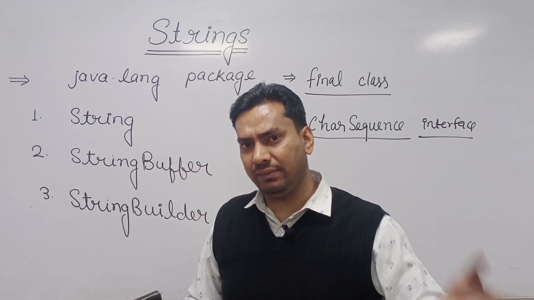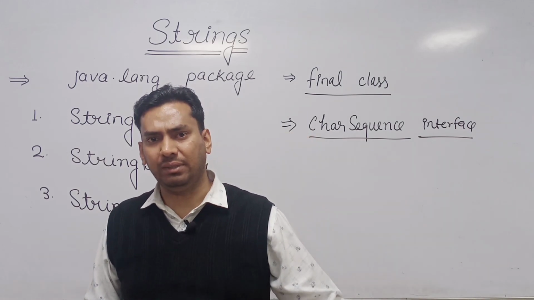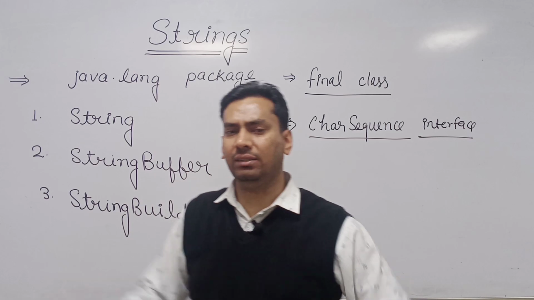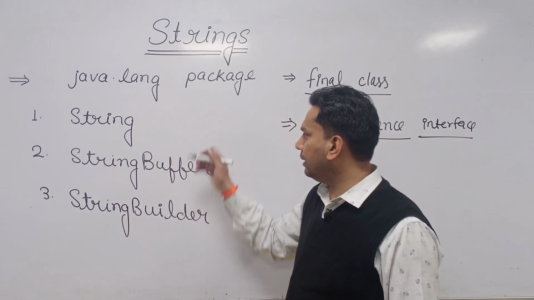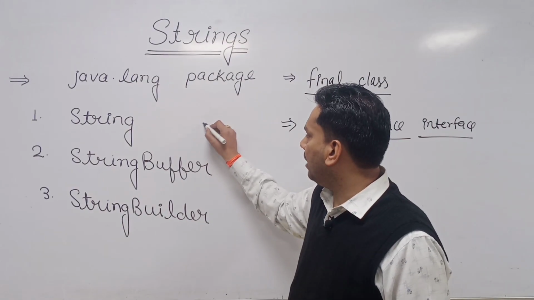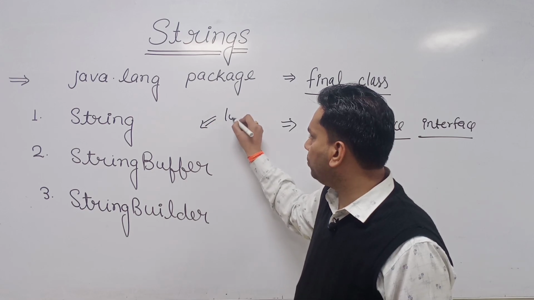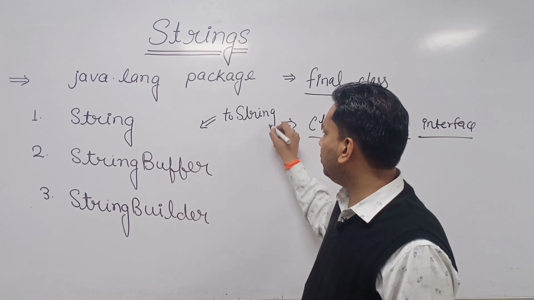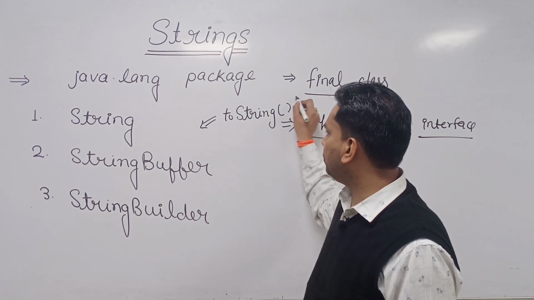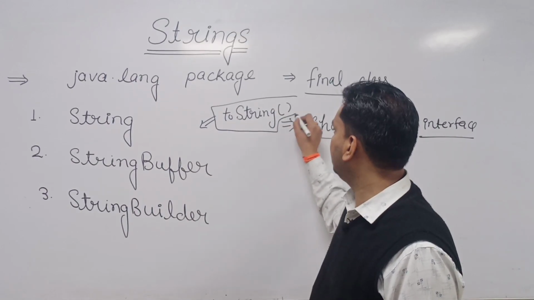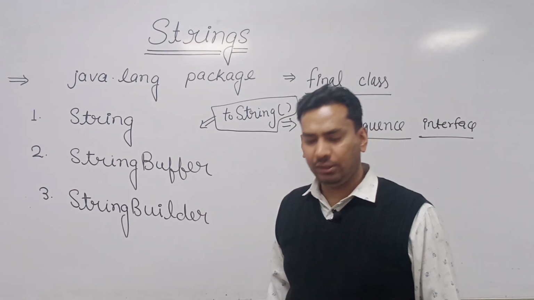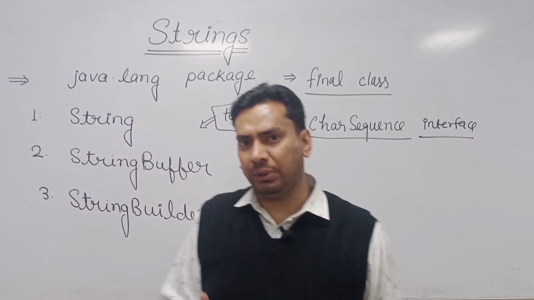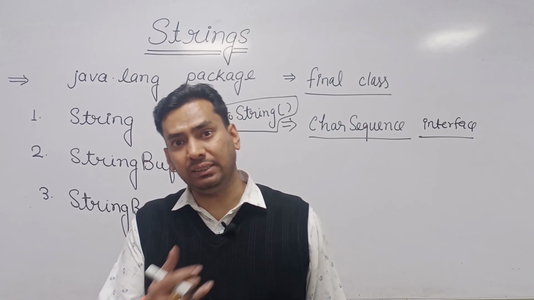Whether you have an integer value, a float value or a double value, anything can be converted into a string, and for that purpose a method is provided, the toString method. This is provided by default because it is very important.